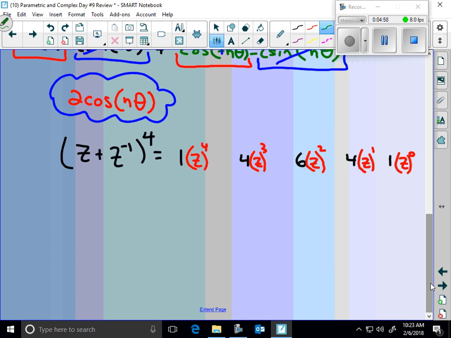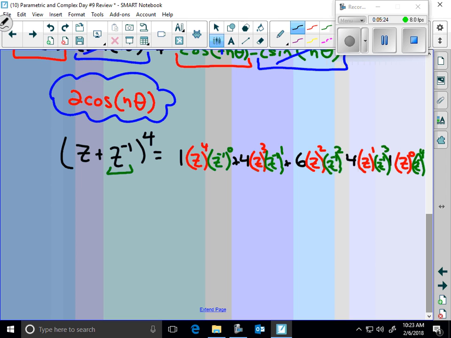Same thing for this: z to the negative first to the 0, then to the 1, to the 2, to the 3, and then to the 4th. Okay, I'm just going to add those together.